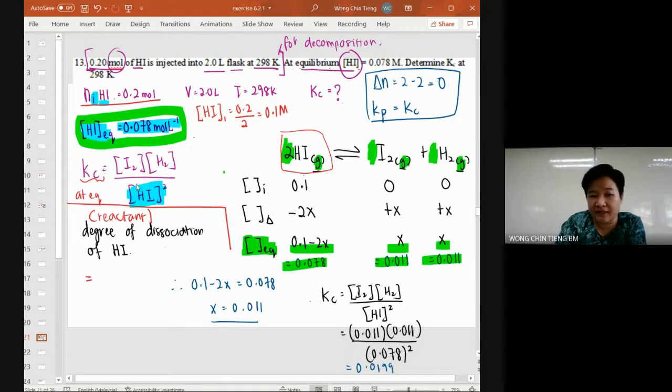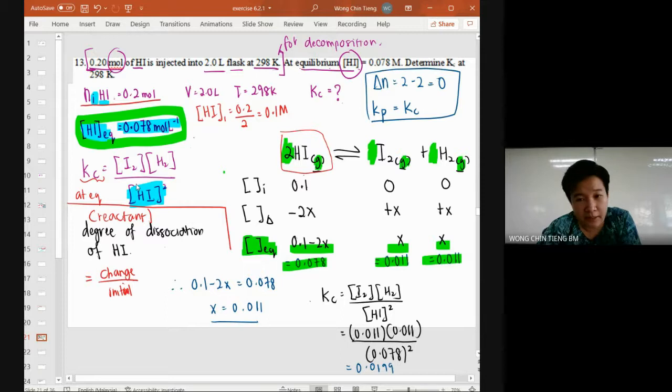Okay, so how much has been dissociated or how much has been reacted? The formula is as simple as the change over initial. Dan kenapa Miss Wong hanya letak the change over initial? Sebab dia boleh dalam number of mole, dia boleh dalam concentration, dia boleh dalam pressure. The same. Janji ambil the change over the initial.